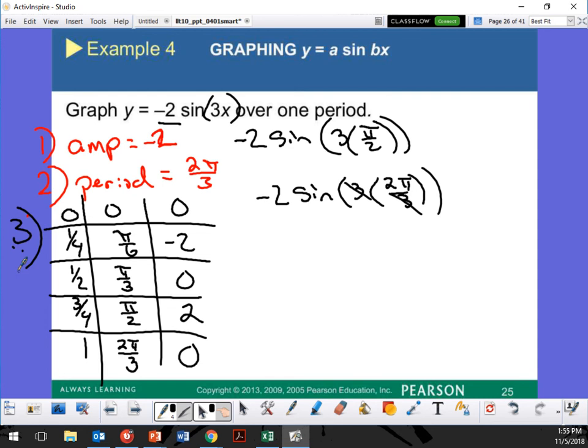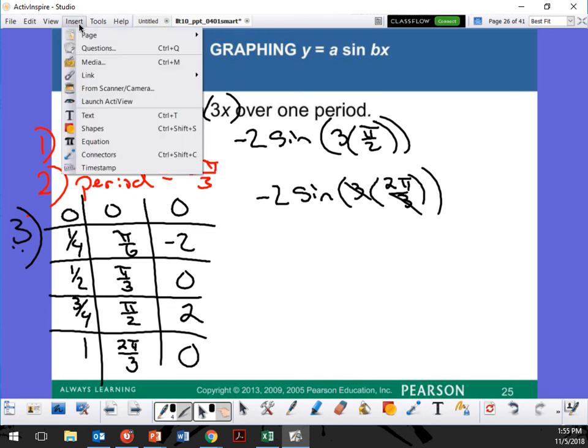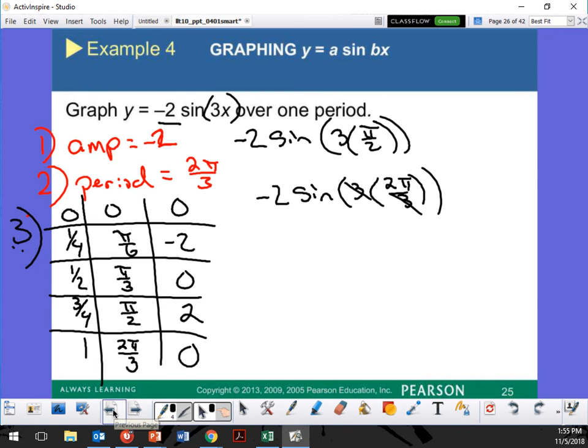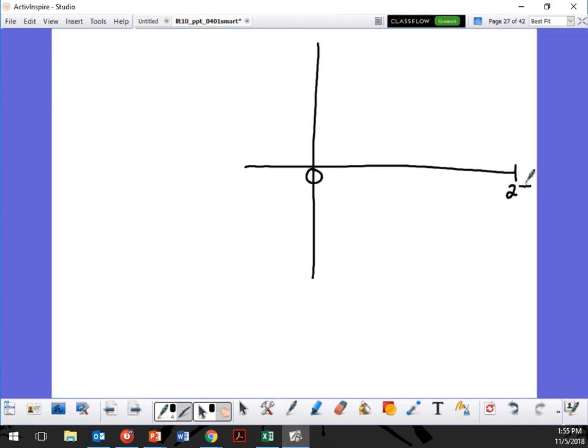What is step 4? So where am I starting at? 0. Where am I ending at? 2 pi over 3. What's right in the middle? Pi over 3.